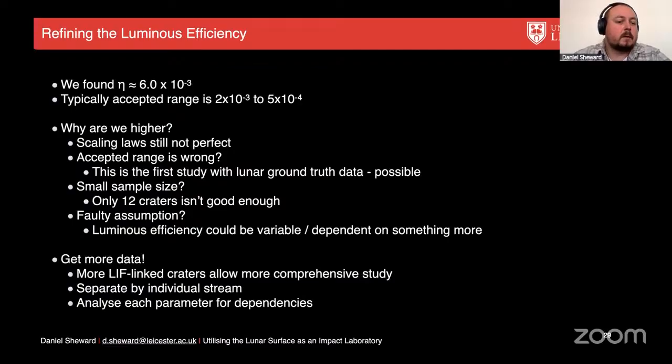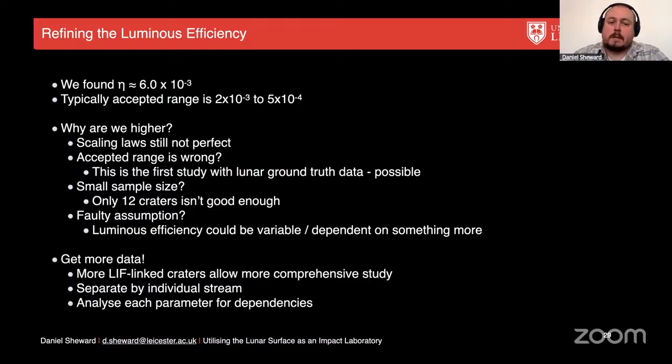Or it could be that we made a faulty assumption in thinking that the luminous efficiency is a set value. It could very well be variable based on things like velocity or impact density, or dependent on something that we just haven't considered thus far.